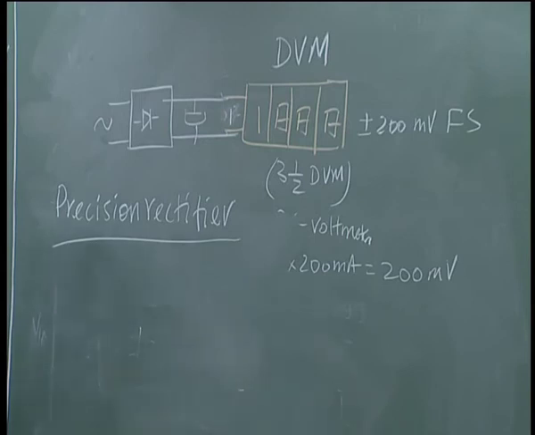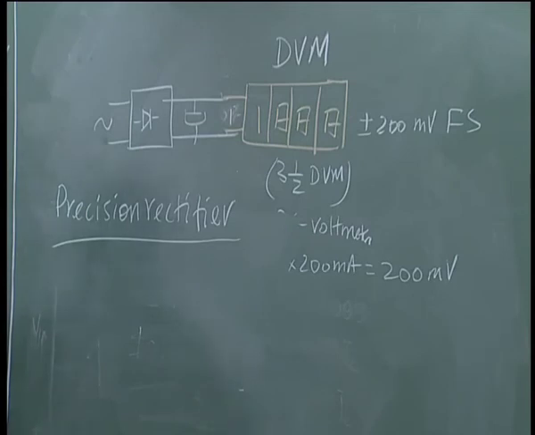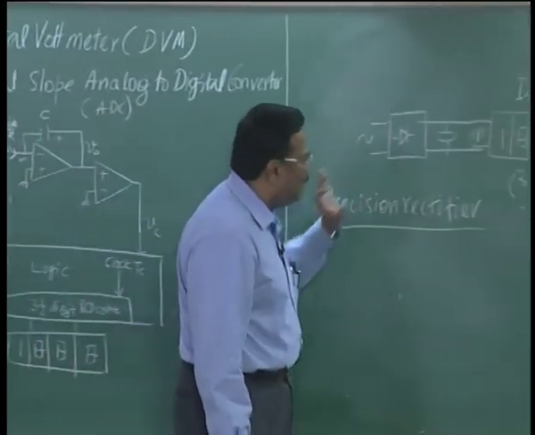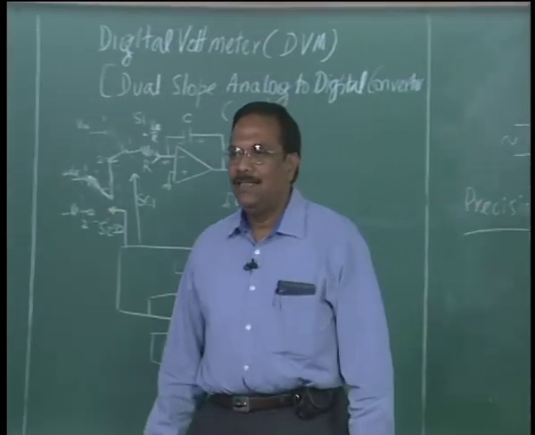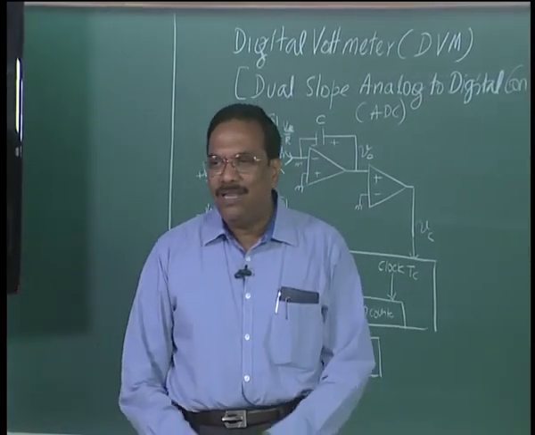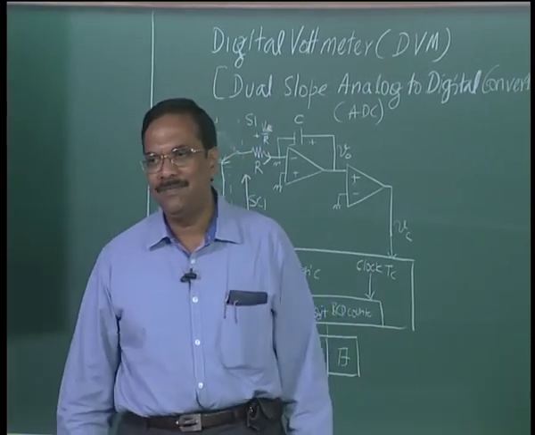So if a precision rectifier is used, then it is possible to get AC currents and AC voltages in the millivolt and milliampere range as well. But whether I use a conventional rectifier or a precision rectifier, the meter will read the RMS value only for a sine wave, a particular waveform we make it for a sine wave.